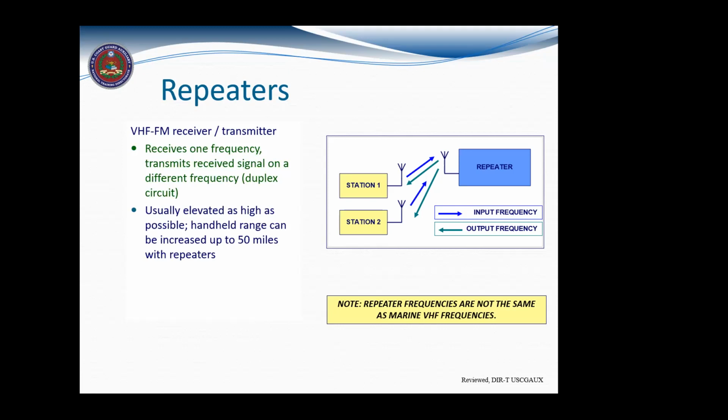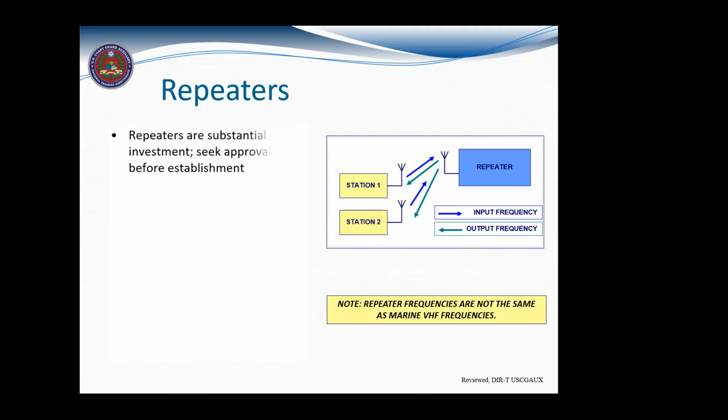By putting it in a high location, you maximize your range. Now, these are not in the marine band. They are strictly auxiliary only frequencies, and they'll be brought up in a later chapter, but they wanted to reintroduce at this point the idea of a repeater.